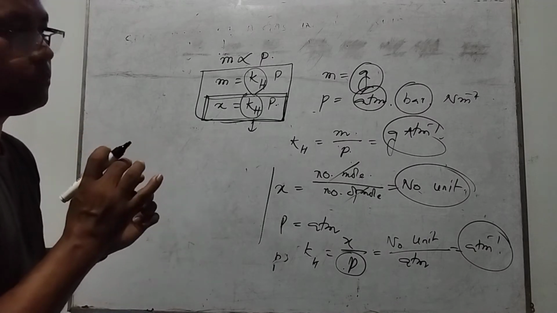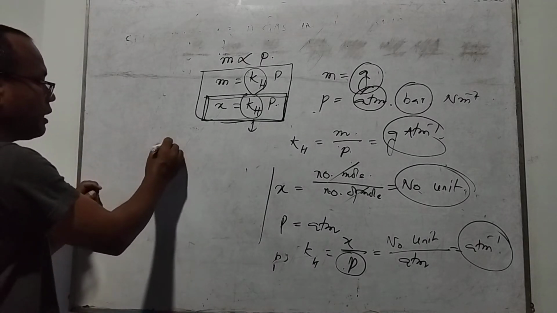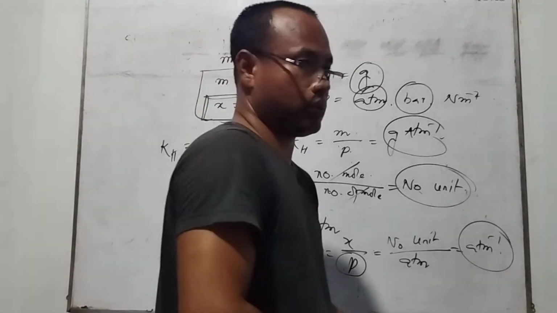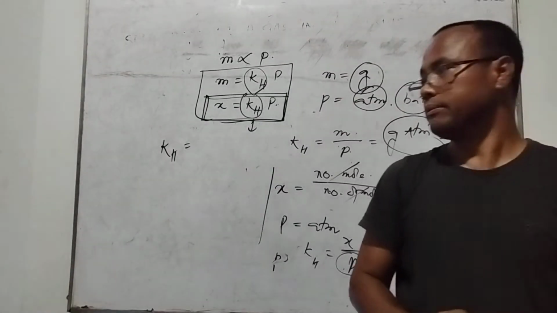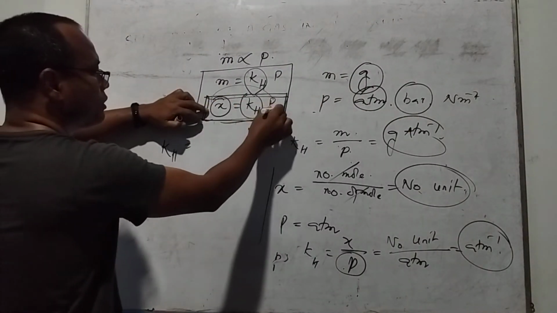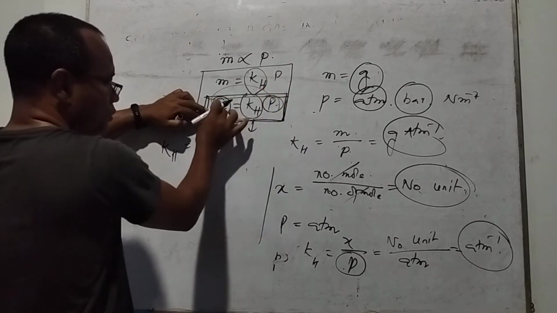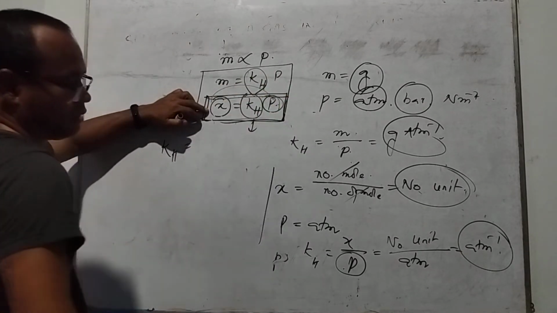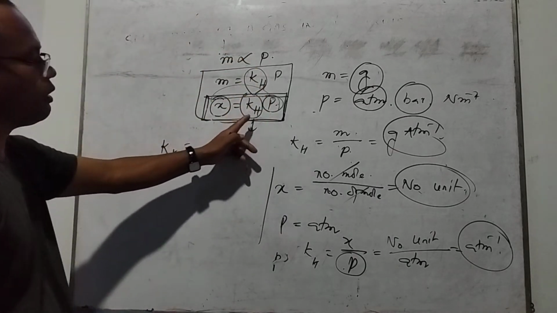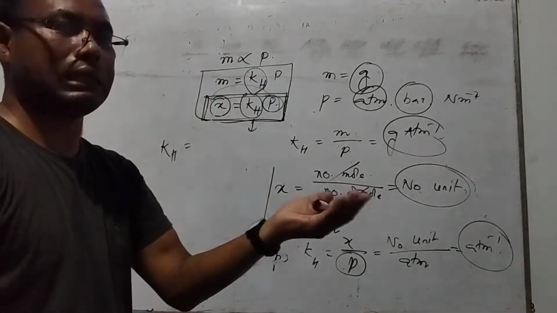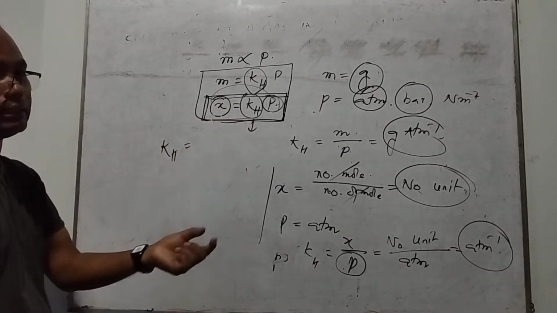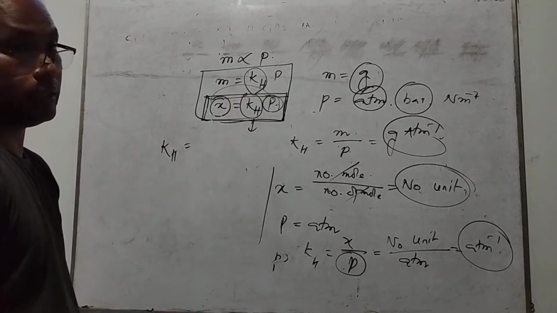So my point is, this KS value, as I said, depends on the pressure. Look, x is directly proportional to P. This P can be written here, and this x can also be written here. When we change the position of x and P, the unit of the KS also changes, right?